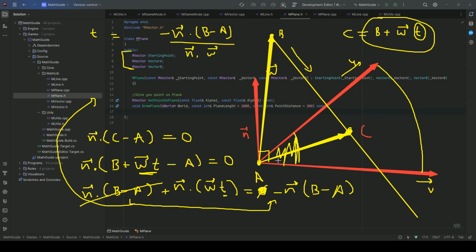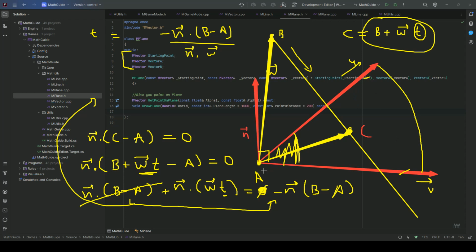Next thing is the perpendicular. We want to find a vector which will be perpendicular to these two vectors already. And we know using the cross product we can easily find that vector, because using cross product it will give you a vector which will be perpendicular to these two vectors or any two vectors. So this will give you n vector.